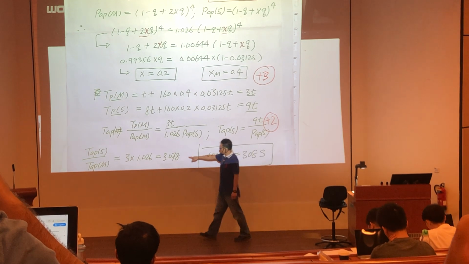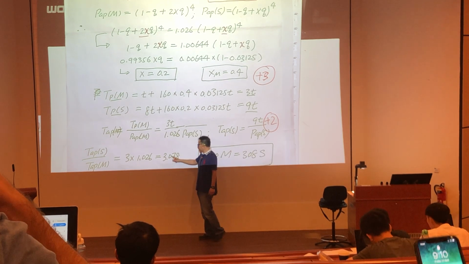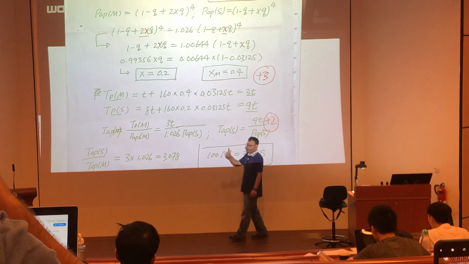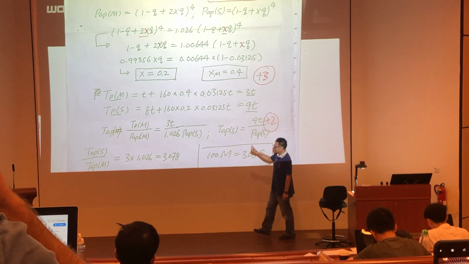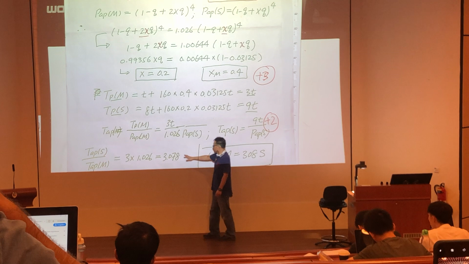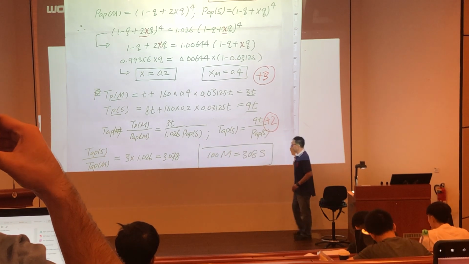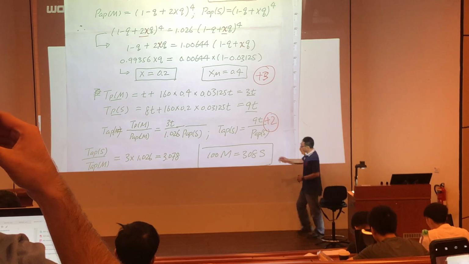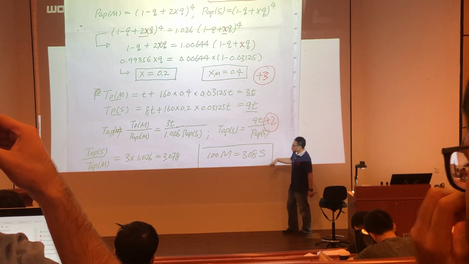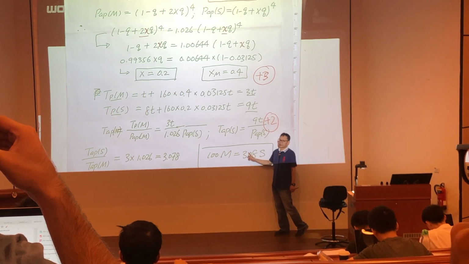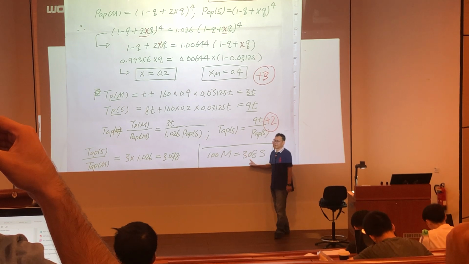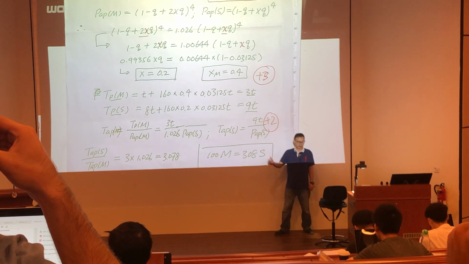Y equals close to 3.078. One multi-station machine, the delivery rate of a good assembly equals to these 3 plus single stations. So 100 M equals to this. This time, it's not 307.8. You should round it up.